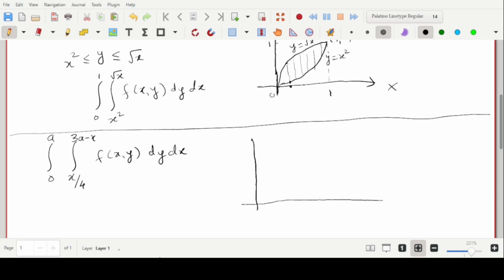So suppose y equal to 3a minus x can be equivalently written as x plus y equal to 3a. So it is a line passing through 0 comma 3a and 3a comma 0. So let this be a line of this sort.